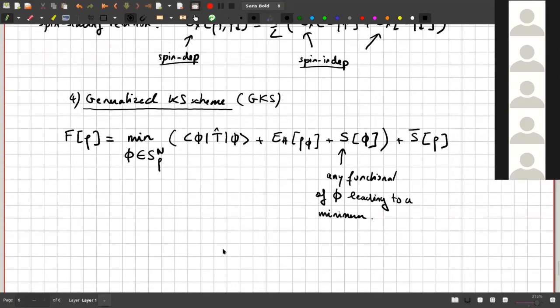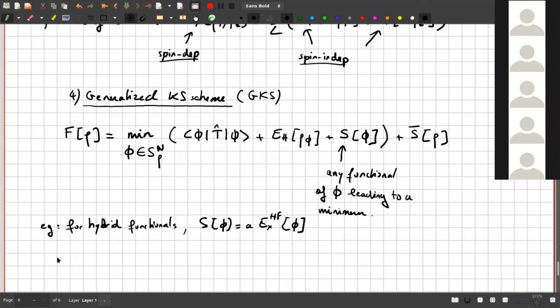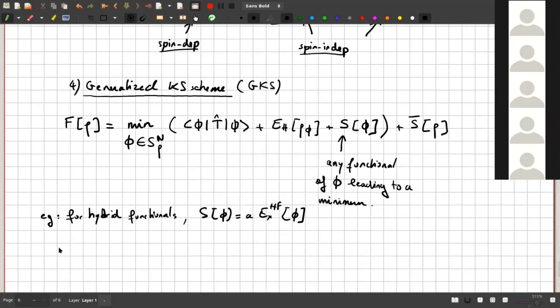And in practice, for hybrid functionals, we choose S of phi to be a fraction a of the Hartree-Fock exchange energy, which is a functional of the Slater determinant. Okay, but that's only one possibility. You can have, in fact, an infinity of possibilities for this functional.